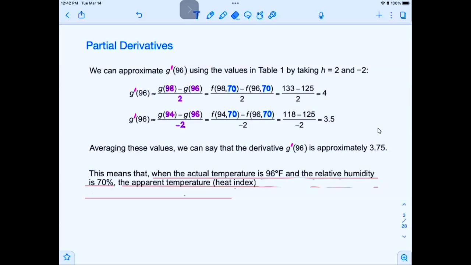What does it mean? Remember the derivative indicates the rate of change, right? So the rate of change is positive 3.75. So the heat index is going to go up. Go up by how much? 3.75. And what would be the unit?